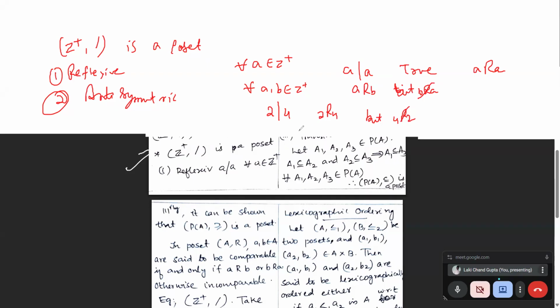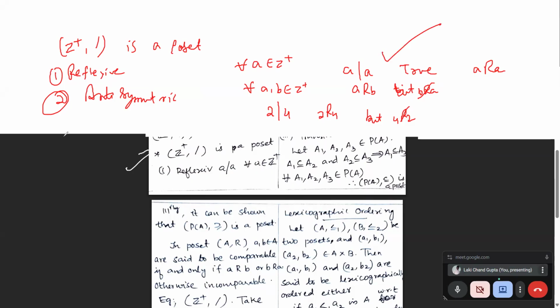If they are the same value, then only they can divide. Okay. In antisymmetric, what do we always check? If A is related with B, then B cannot be related with A. It is related only when both are the same.